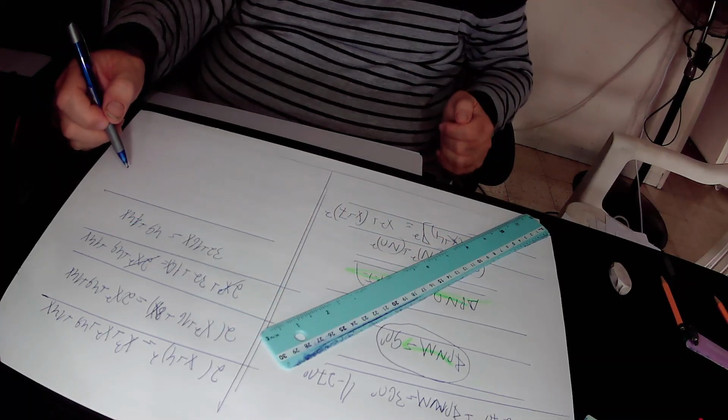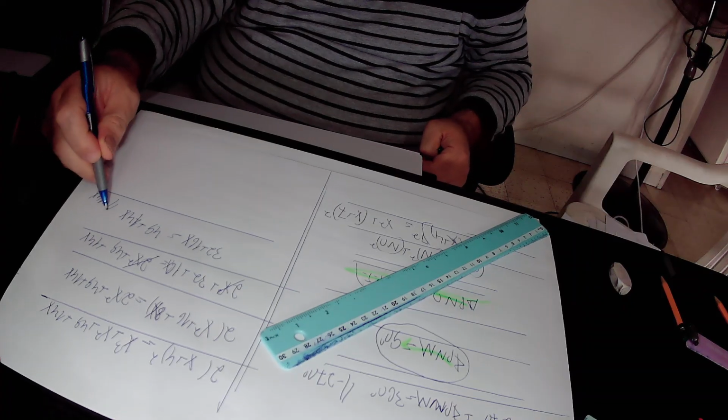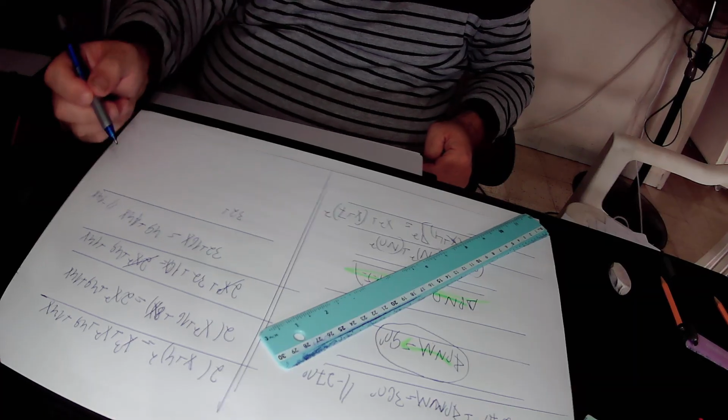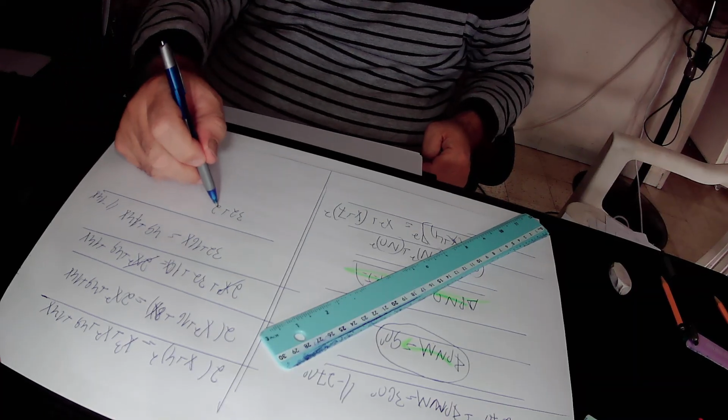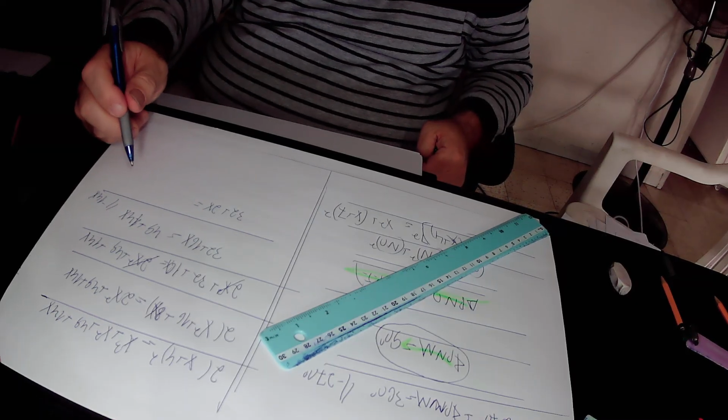So here we subtract 14x from this equation, and finally get 32 plus 16x minus 14x, which is 2x, equals 49, because 14x minus 14x is 0.